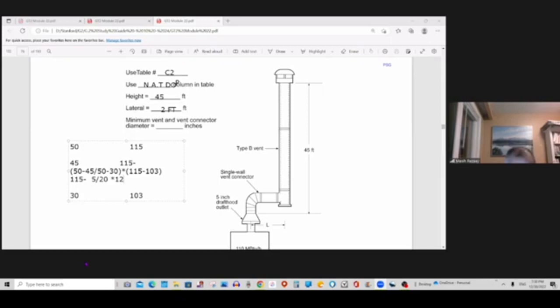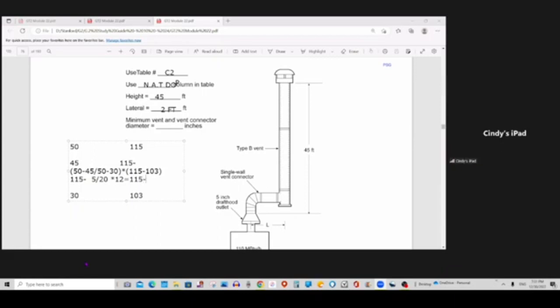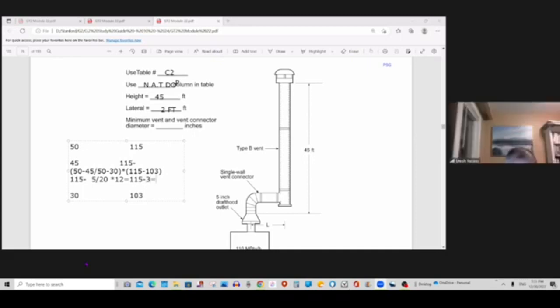So it's 115 minus 3, equal to 112. Okay?